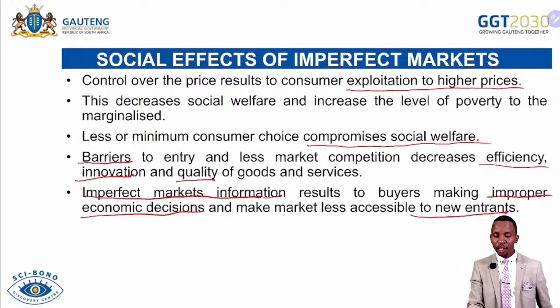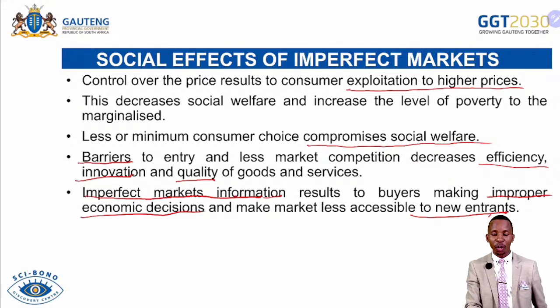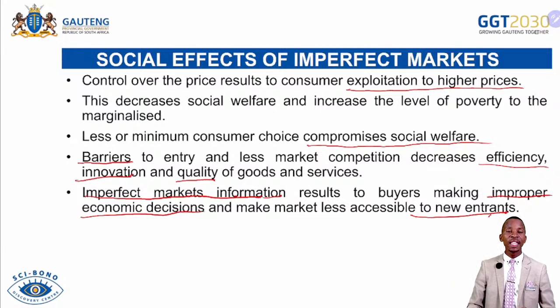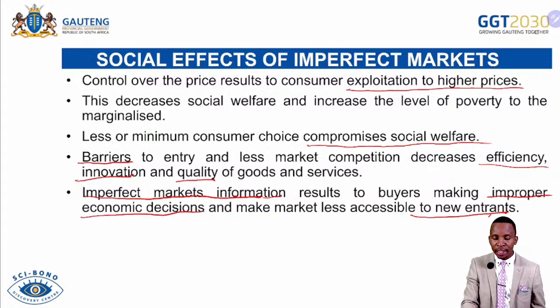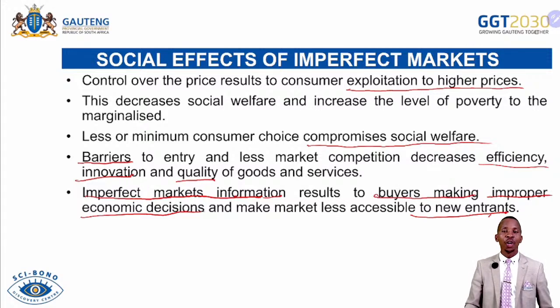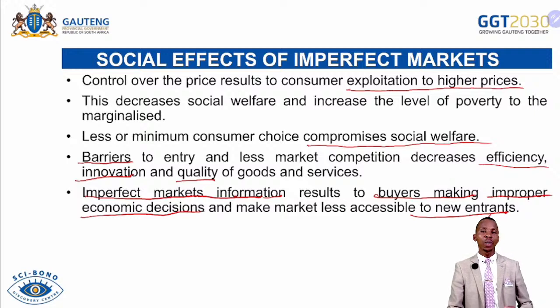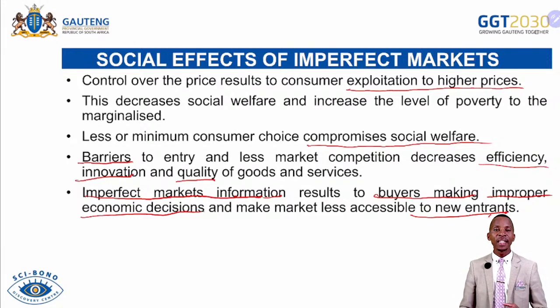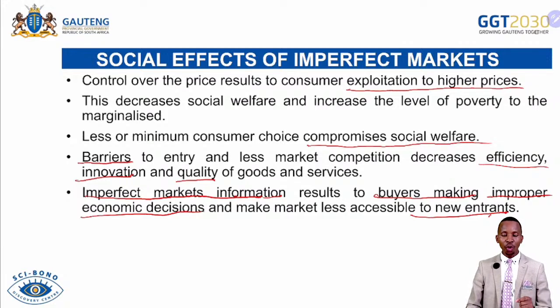That is a problem because new firms will not enter the market. At the same time, if there is not enough information within the imperfect market, buyers do not make proper decisions because sometimes they are not well informed about where to find the product. How much is the product? They might find themselves being exploited because they do not know the market price since firms are deciding their own prices. So this compromises consumers.